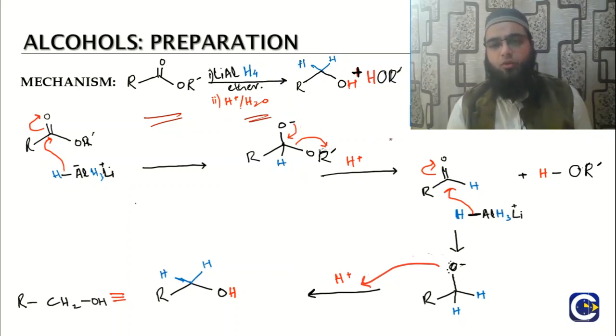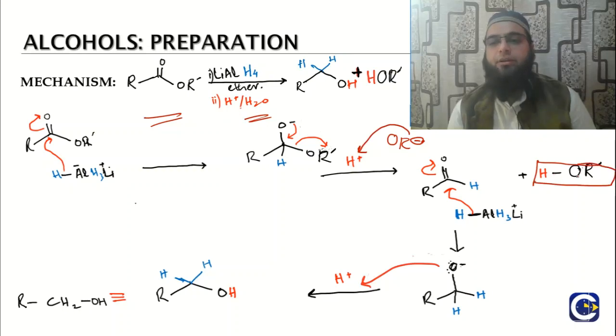We will get OR negative in this step. This OR negative will take a proton from the reaction medium to get stabilized, and as a result we get the first alcohol, ROH, and also an aldehyde in this step.